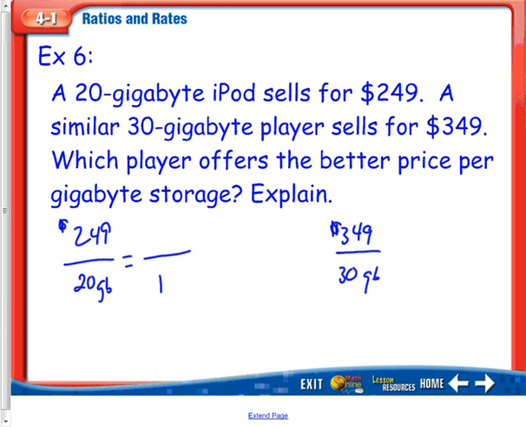So we want to find per 1 gigabyte, and again over here for 1 gigabyte. So we need to divide both top and bottom by 20. Again, I do expect you to show me that work, show me the step. And then over here you're going to divide by 30 to get to 1. Okay, so then we can hop over to our calculators.